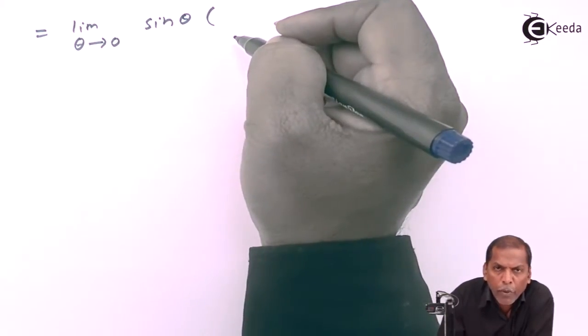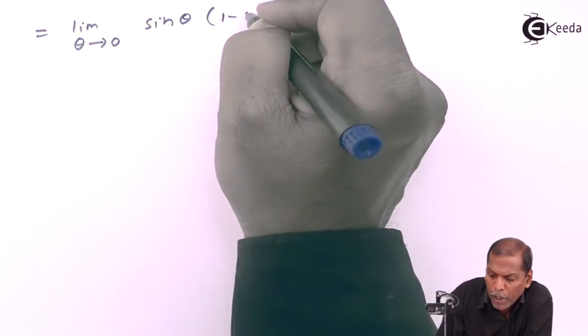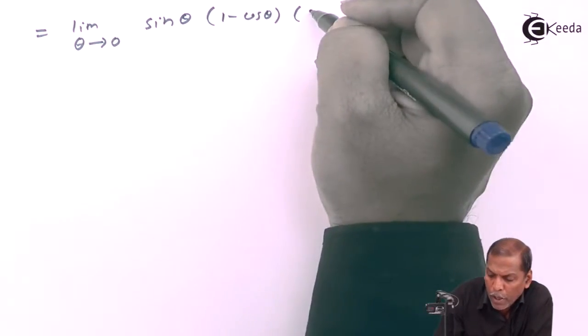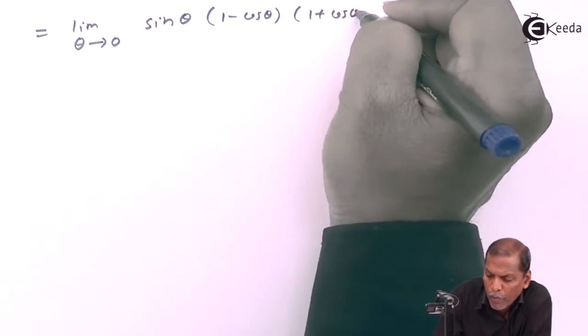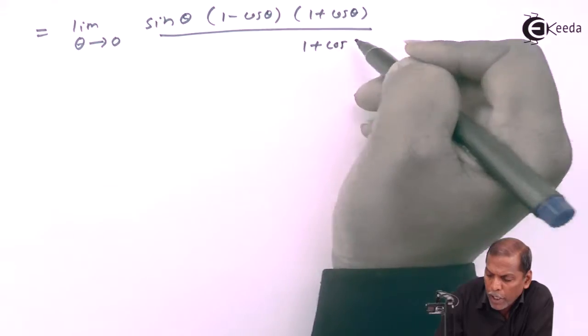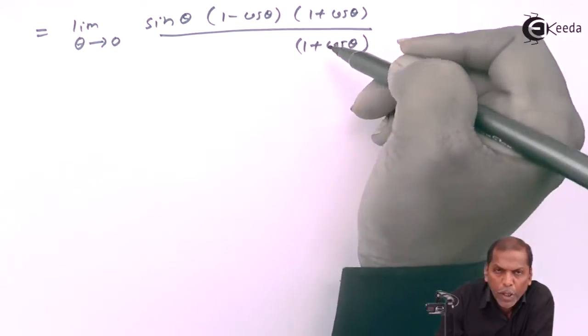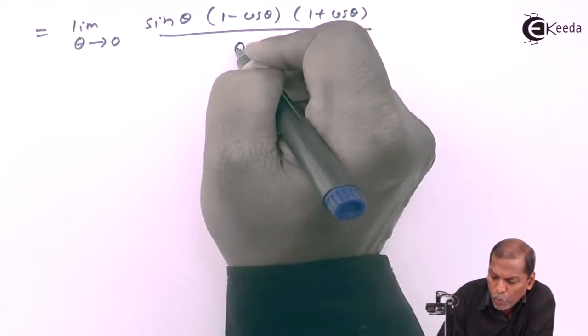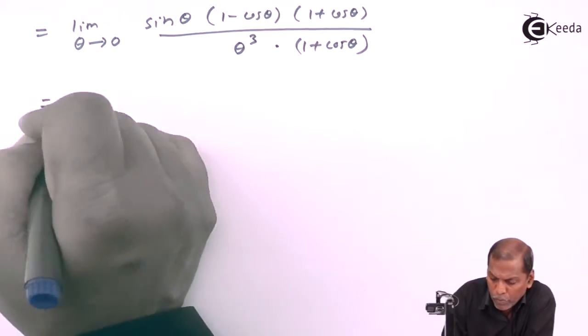Now in the numerator we have term 1 minus cos theta, so which on rationalizing into 1 plus cos theta upon the rationalizing term 1 plus cos theta in the denominator also into theta cube.